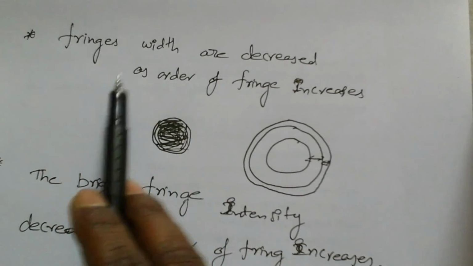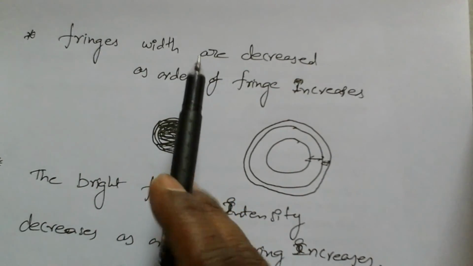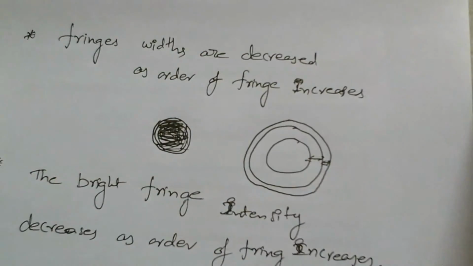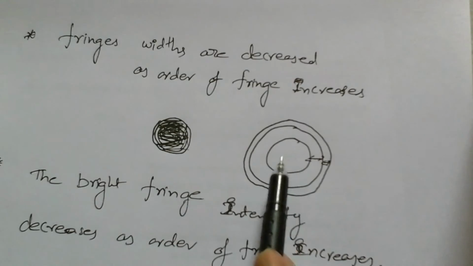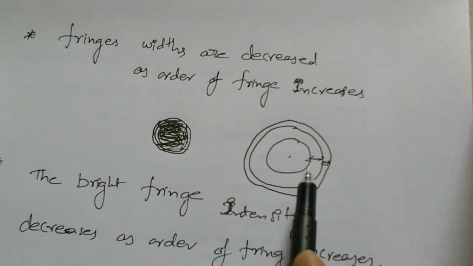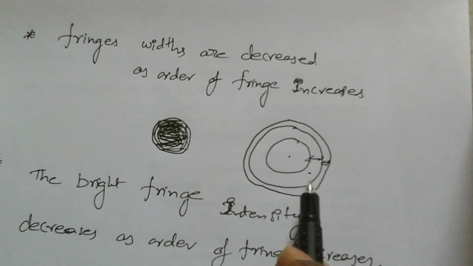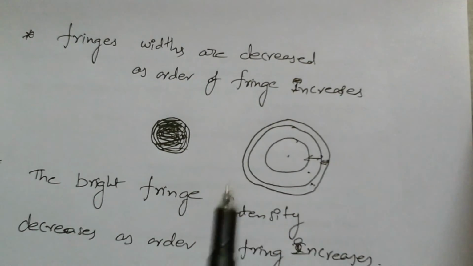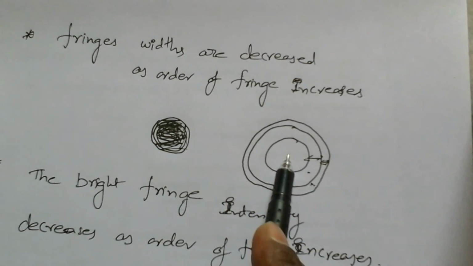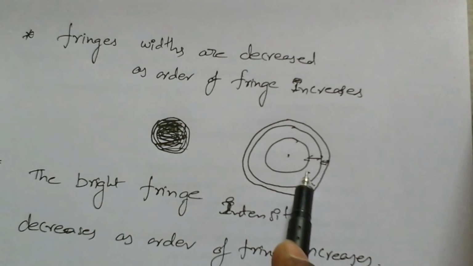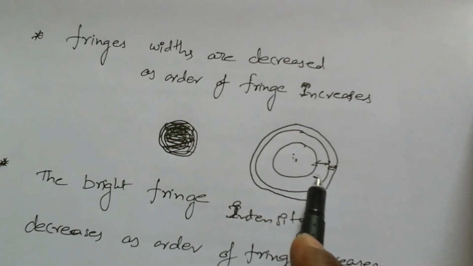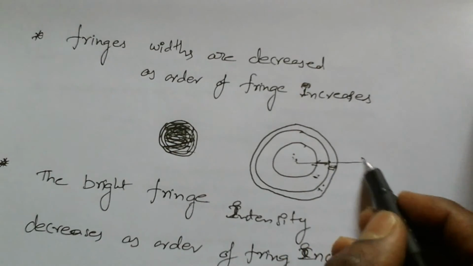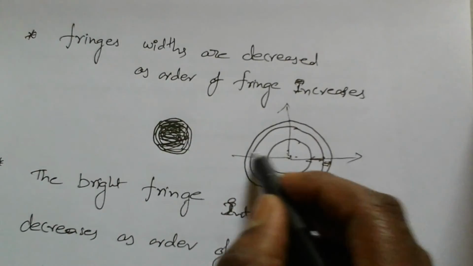So we can say fringe widths decrease as the order of fringes increases. Zero order, first order, second order. Zero order has high fringe width. First order has less fringe width compared to zero order. This fringe width is less, and this is very less. Like this, in any direction you go, you can observe the fringe width decreasing.